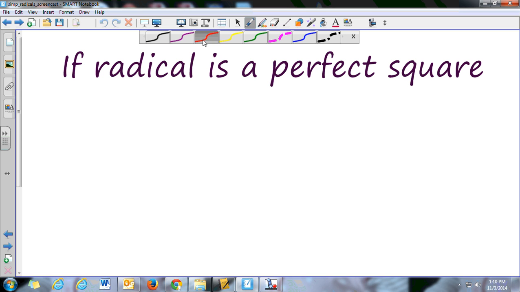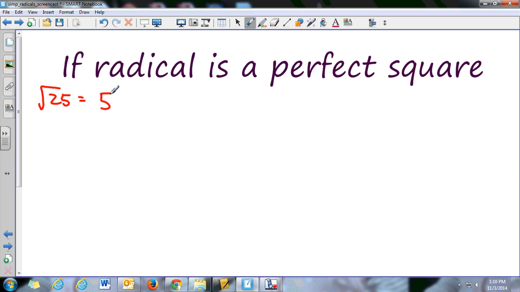So for example, if I have the square root of 25, my answer is 5. If I've got the square root of 121, my answer is 11. If you start seeing things in front of your square root symbol, for example, if I've got 4 and then my square root symbol and 36, the 4 out in front just means you're multiplying that 4 by whatever the square root of 36 is.